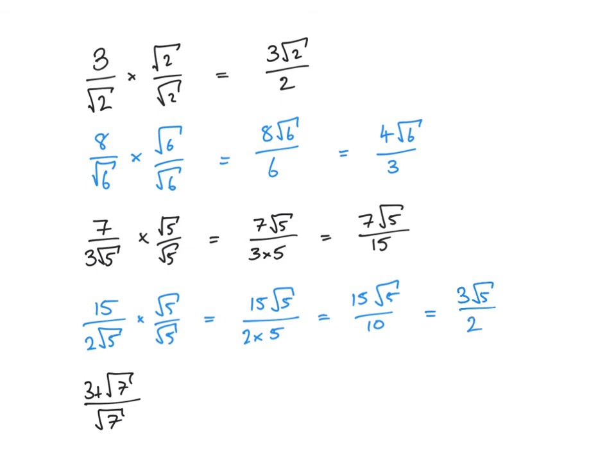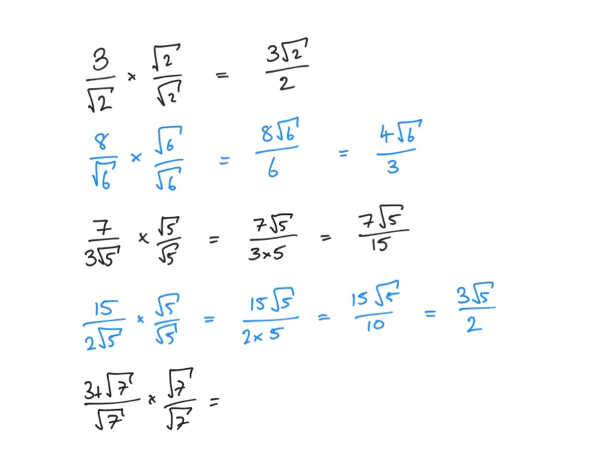And finally, this last example here, again, it doesn't matter what's on the top of the fraction, it's really just the surd on the bottom that we want to look at, that we want to get rid of. So here we're multiplying top and bottom by root 7 over root 7.